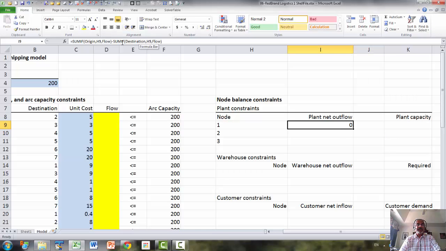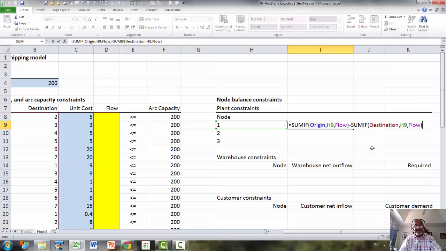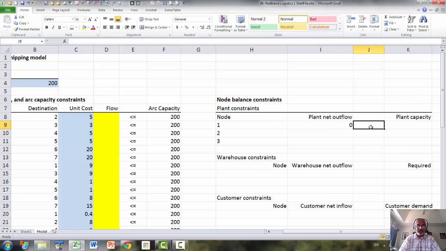That will give us the net outflow, and the net outflow should be less than or equal to the plant capacity, and the plant capacities are given. So let's enter those numbers: 200, 300 and 100. These are input values.